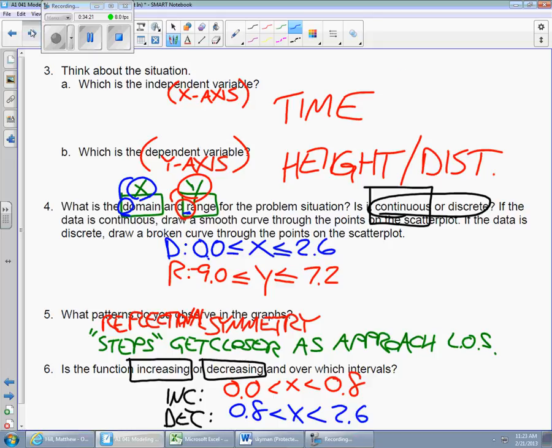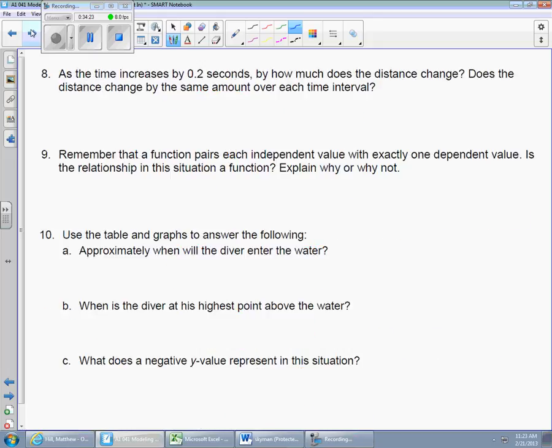What else have we got? As time increases by 0.2 seconds, that's what our chart is doing, that's what our graph is doing. By how much does the distance change? Well, I think that's a little bit of a loaded question. We're going to see why here in just a second. Does the distance change by the same amount over each interval?